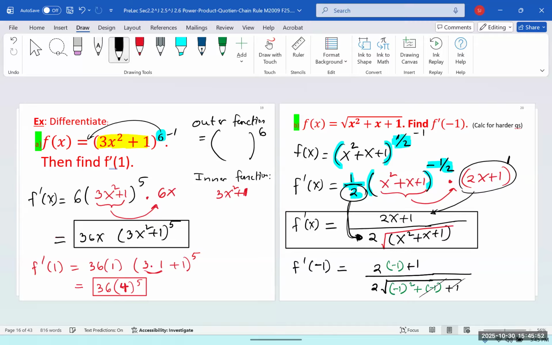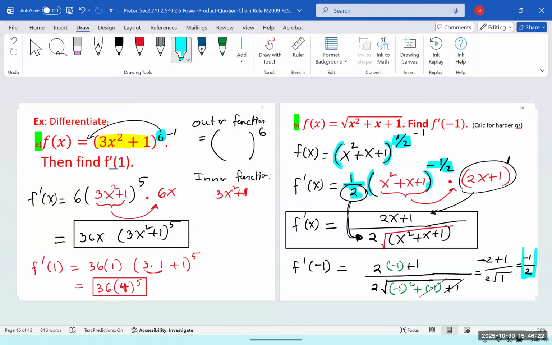The +1 and -1 cancel out. On the numerator, we have -2 plus 1. On the denominator, we have 2 times the square root of -1 squared. So -1 squared is +1. So what do we get on the numerator? -1. And on the denominator, 2.